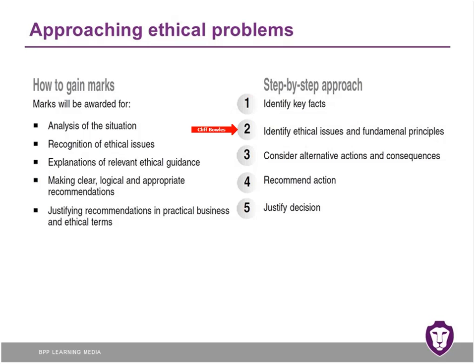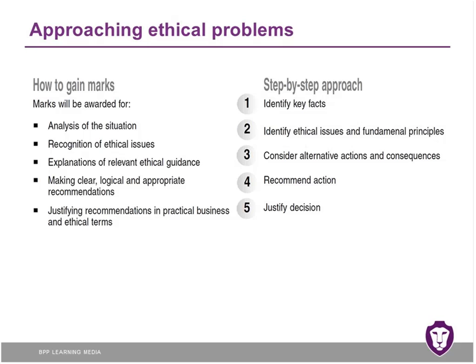What are the facts? What are the issues? What are the fundamental principles threatened? What are the alternatives? And for each alternative, there are some consequences, and you need to think of the consequences. So only after you've done steps 1, 2, and 3 should you consider recommending action.